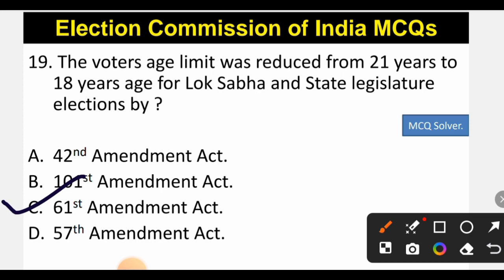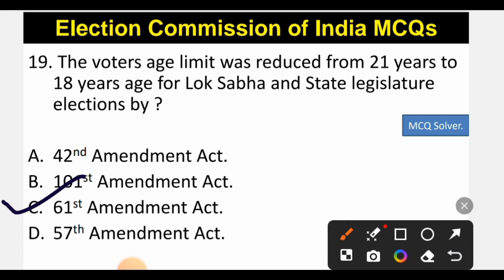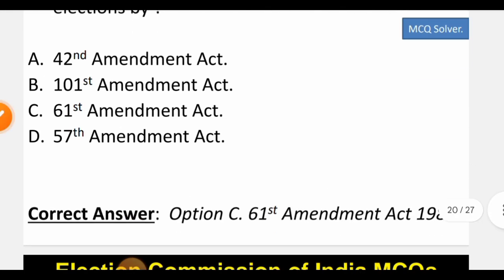Using the 61st Amendment Act, the Constitution was amended, and the provision was made that those people who are 18 or above can now participate in Lok Sabha and state legislature elections. So C is the correct option, and this was done on the basis of the Tarkunde Committee report.